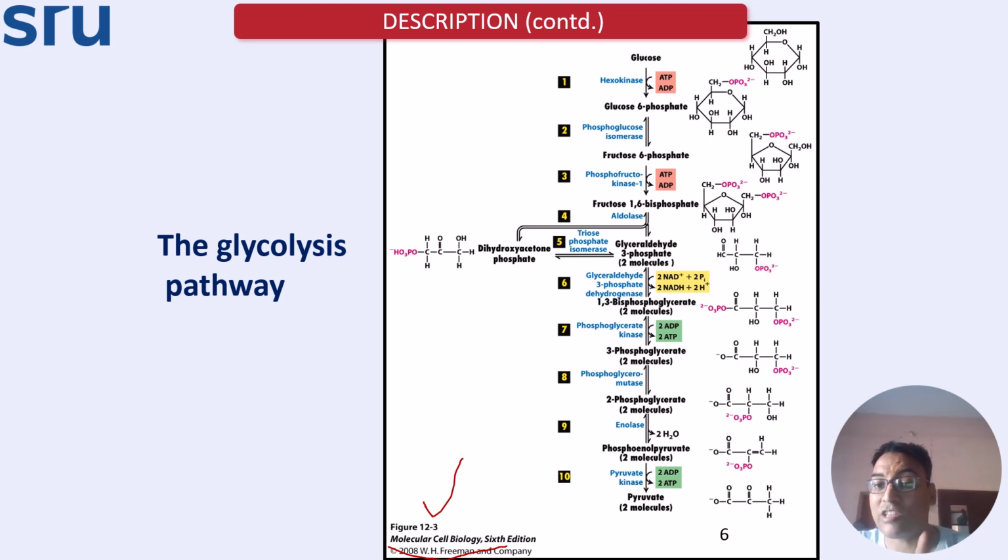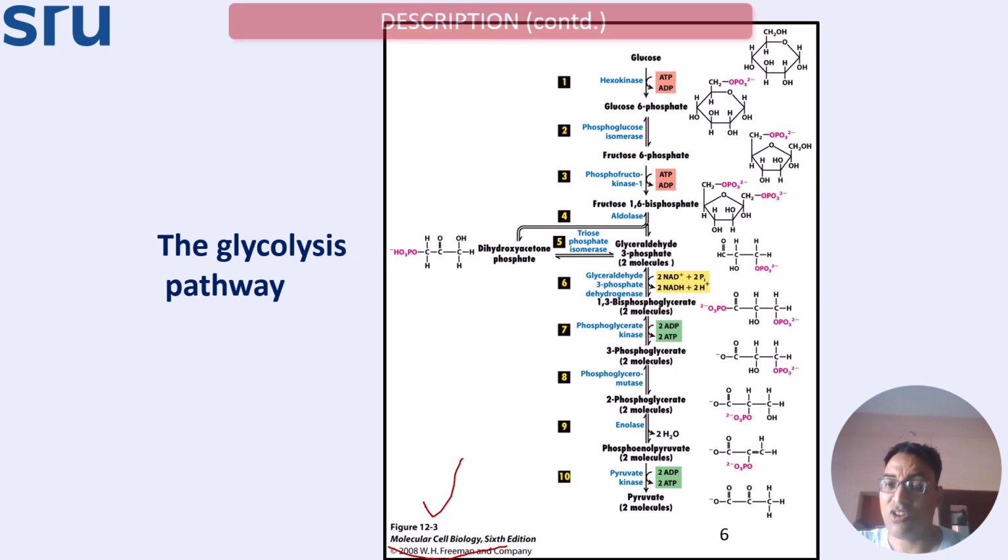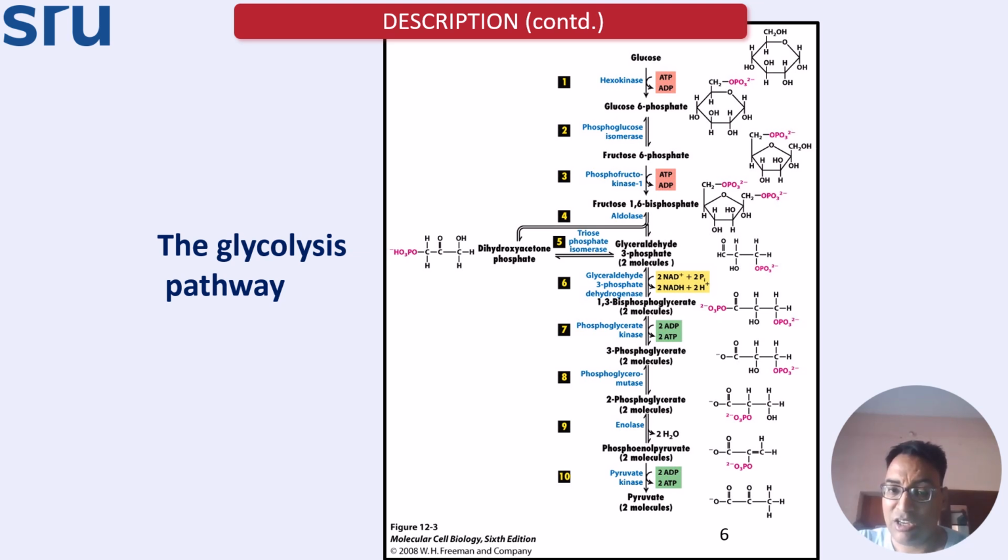Glucose, C6H12O6, with 6 carbons, is broken down into two molecules of a 3-carbon entity, pyruvate. 3 into 2 is again 6. Whatever the mass I'm showing here, exactly that is being converted. See? 1, 2, 3. Exactly. The complete thing is here.